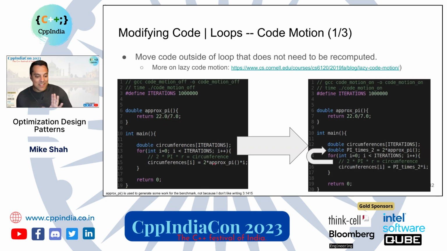I just needed to demonstrate some work, but I'm doing this work over and over and over again. 2 times approximation of pi times i here, right? Computing a bunch of circumferences. So I could actually lift out that work, right? This part here, the 2 times the approximation of pi, out of the loop here, right? Just compute that one time. And then every time through this loop, I could be doing less work. And that's the idea of code motion, this optimization, okay?